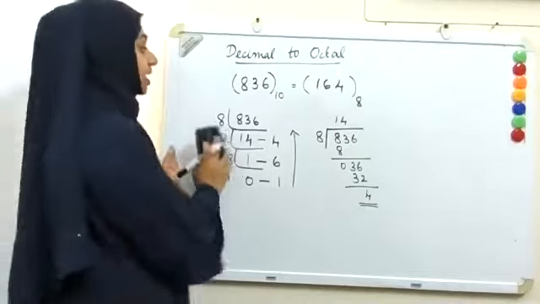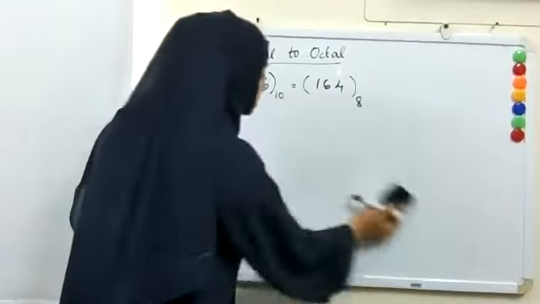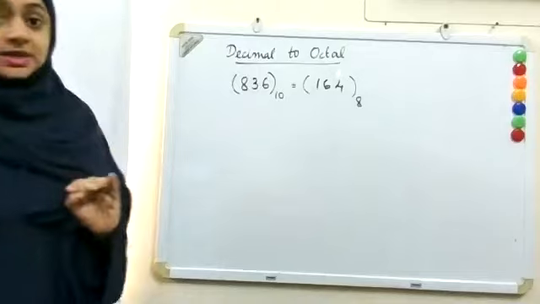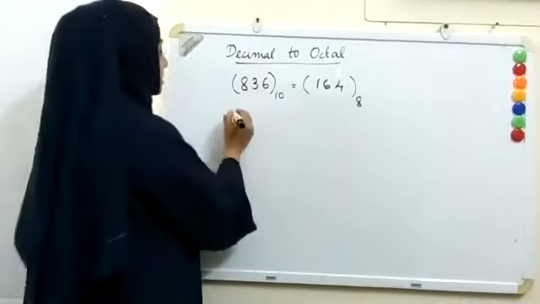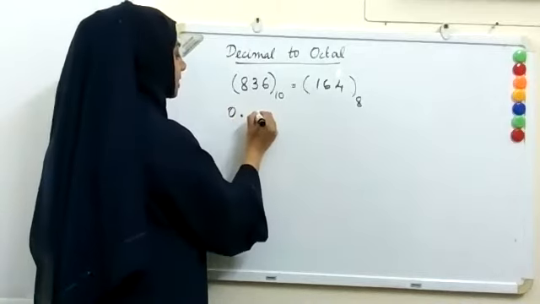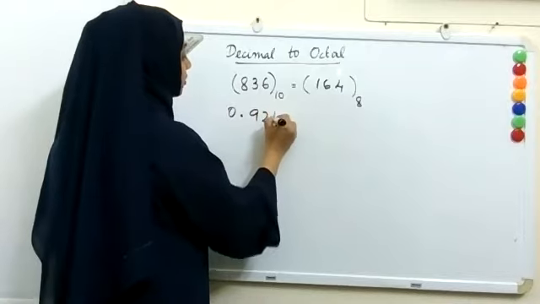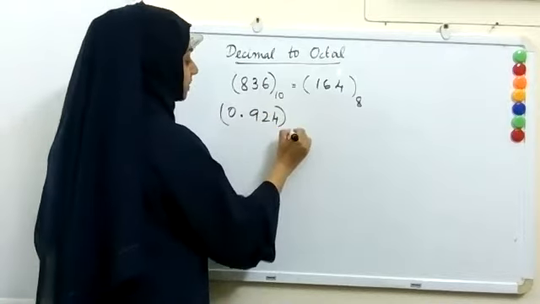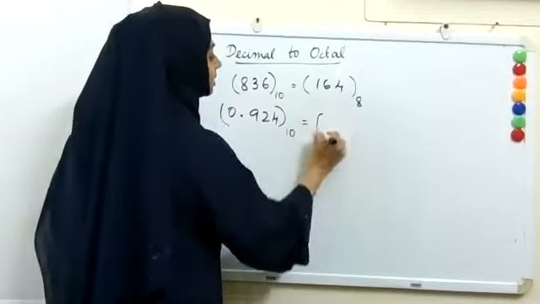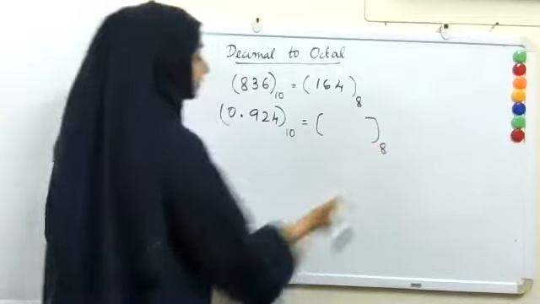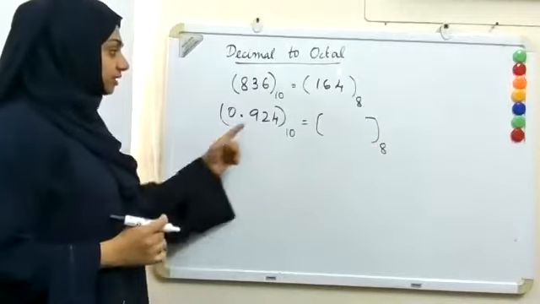Yes. Okay. Now let us see what to do when there is a point. For example, 0.924. This is in decimal and we want to convert that to octal. So what should I do?